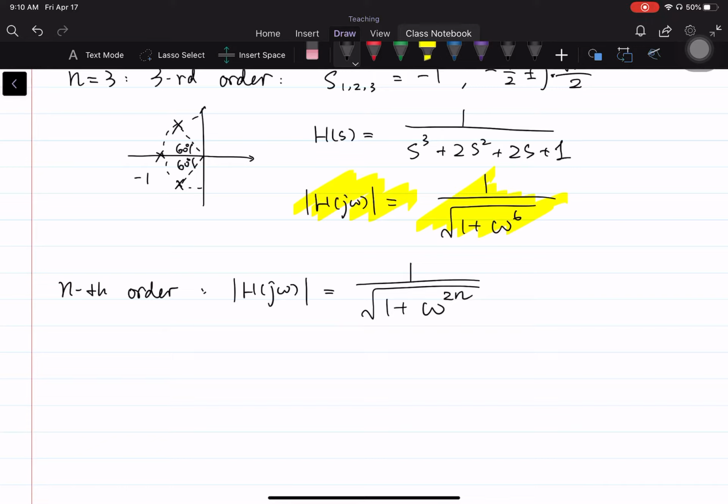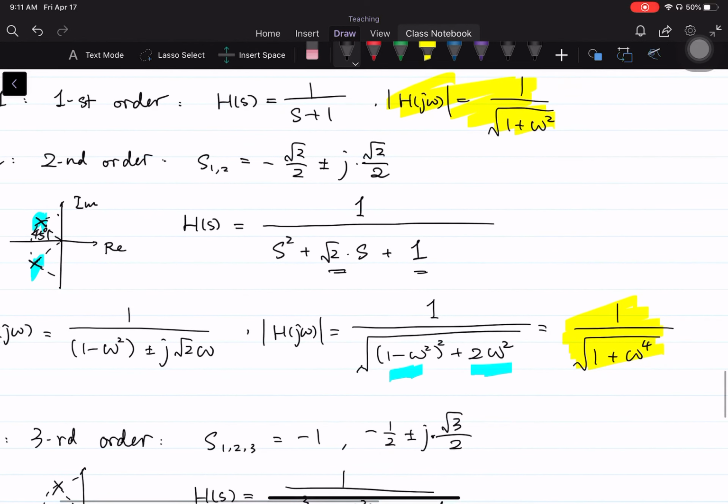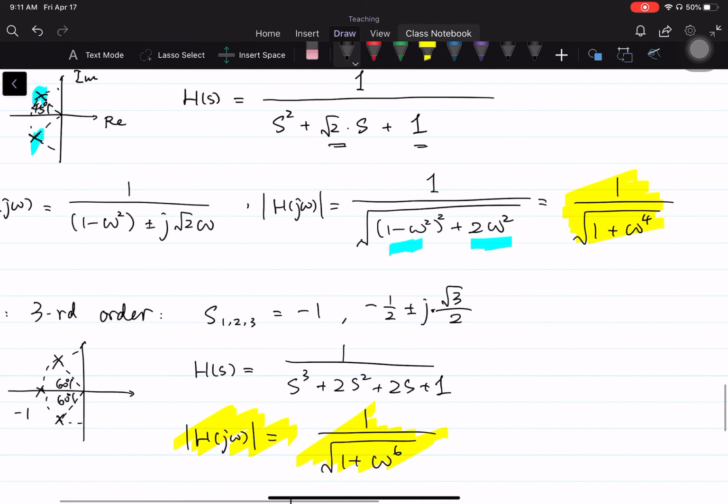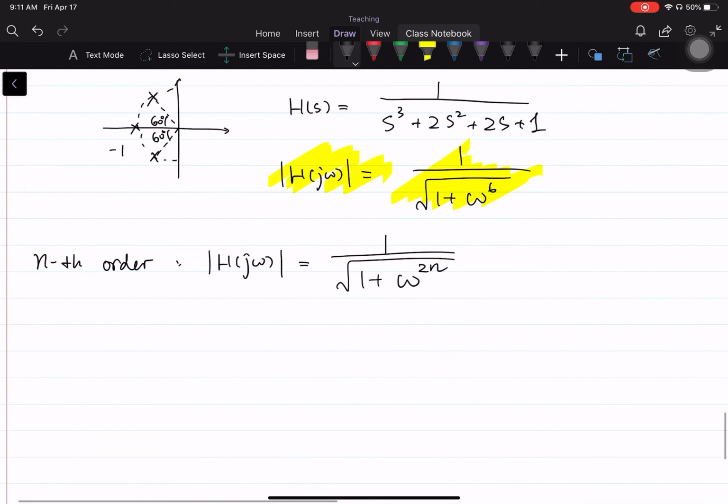And you can see how convenient it is to have a Butterworth filter and look at just the frequency response function. Right? And if we observe all cases from n equal to 1 to n equal to 2, n equal to 3, and n equal to n, you can always find out something, right?